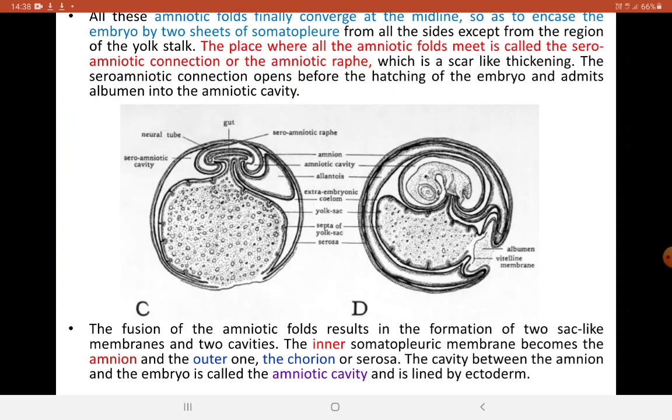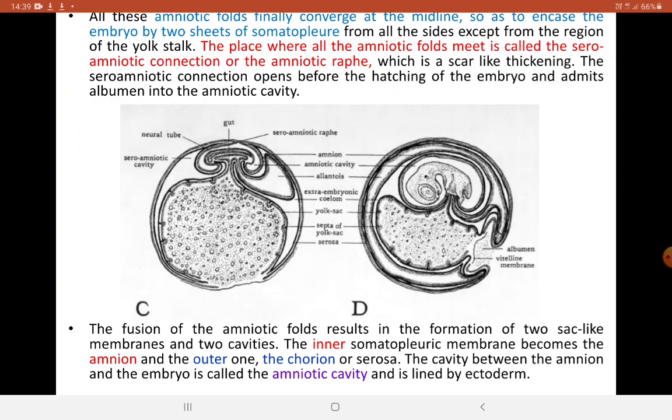So the fusion of all these amniotic folds results in the formation of two sac-like membranes and two cavities. The inner somatopleure membrane becomes the amnion, and the outer one becomes the chorion, which is also referred to as serosa.